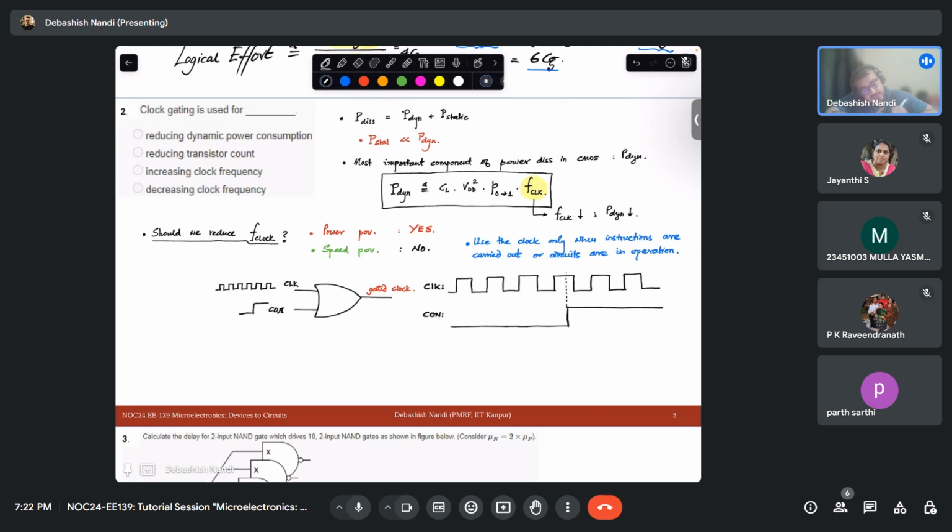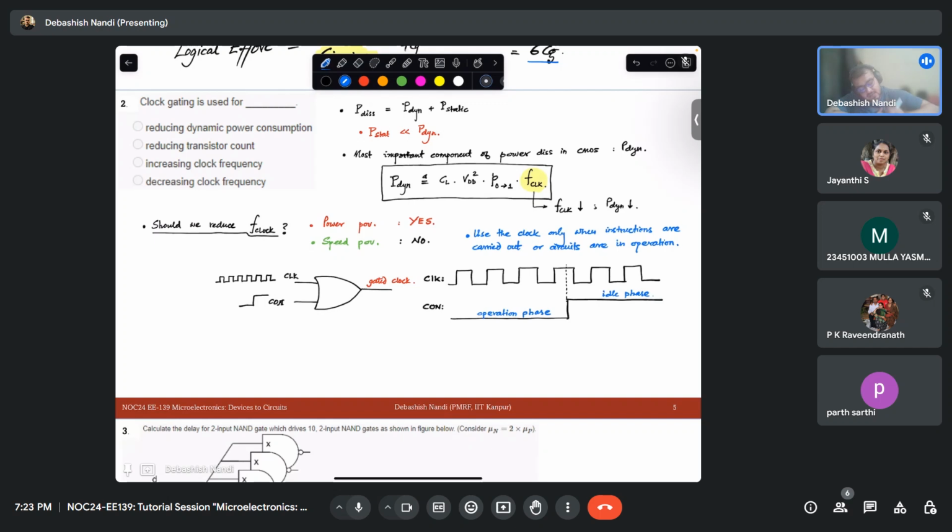This is the operation phase. This is the idle phase. So how will your gated clock look like? In the operation phase, it will simply operate, and then as soon as the idle phase starts, it doesn't switch anymore. The clock becomes idle.